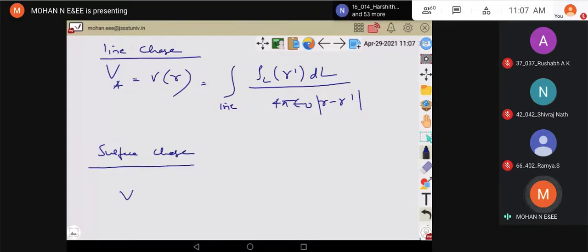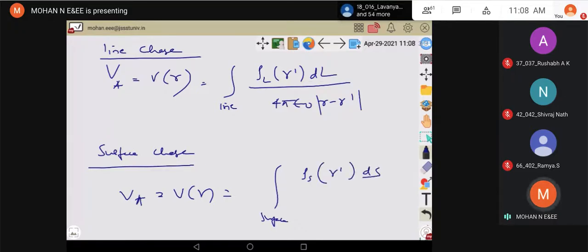Okay, next surface charge we have discussed again. VA is equal to V of R is the surface integral of rho s of r dash ds by 4 pi epsilon naught times the magnitude of r minus r dash. Okay, this is the surface charge.